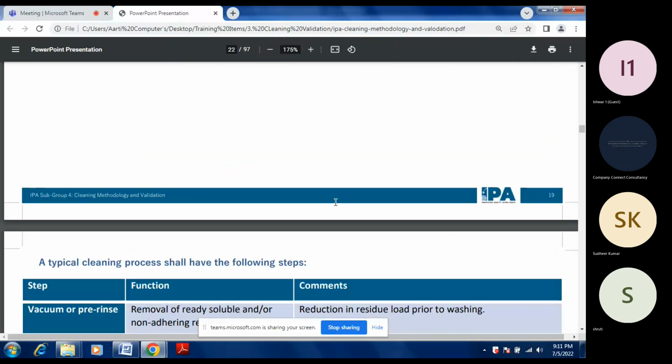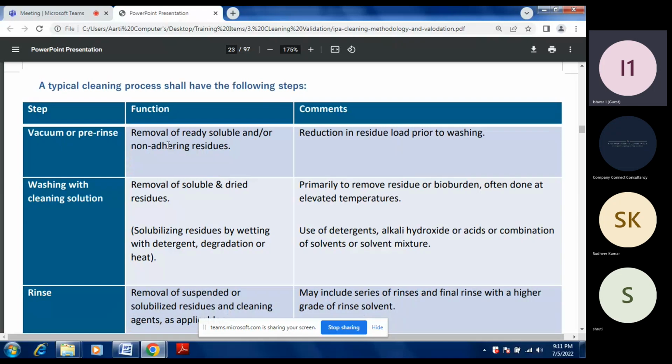Now we'll see the typical cleaning process, which has the following steps, like vacuum and pre-rinse. This means functional removal of readily soluble and non-adherent residues, that is, reduction in the residue load prior to washing.